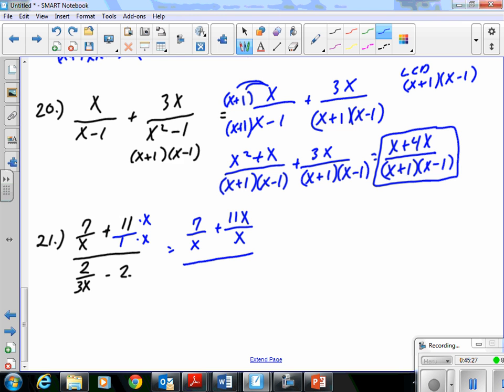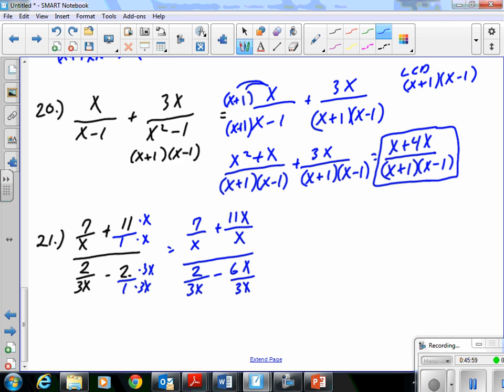And then on the denominator, I got 2 over 3x minus 2 over 1, basically. 3x times 1 will give us 3x for the common denominator, so I'm going to multiply top and bottom by 3x. And so that's going to give me 2 over 3x minus 6x over 3x.